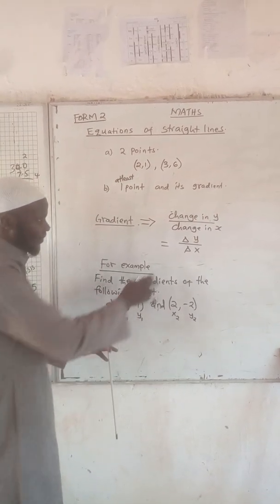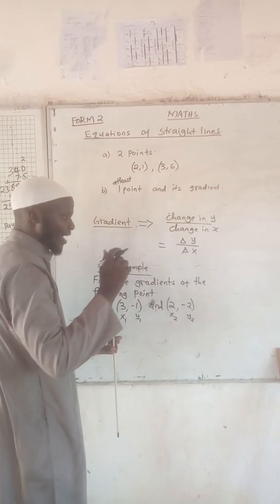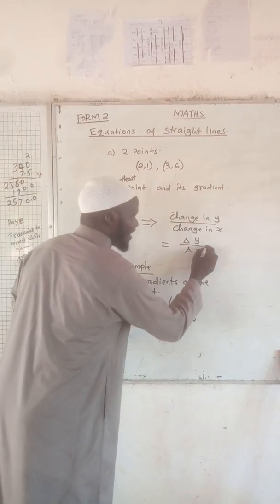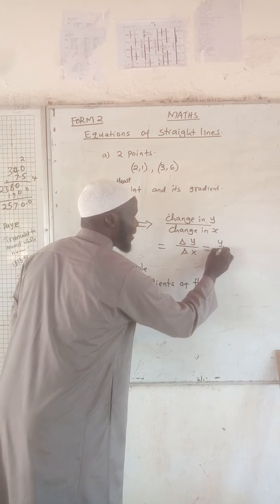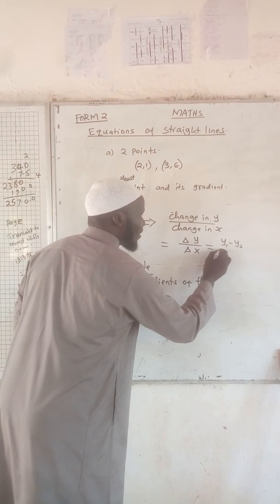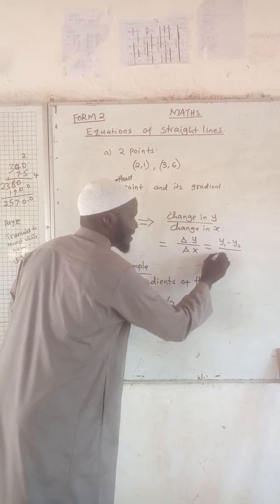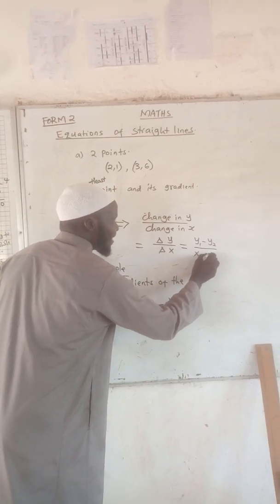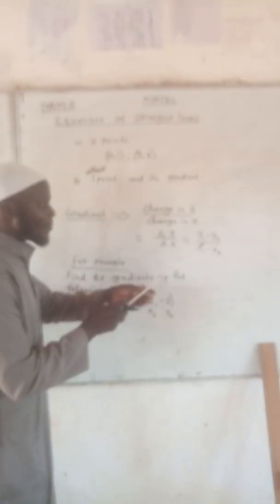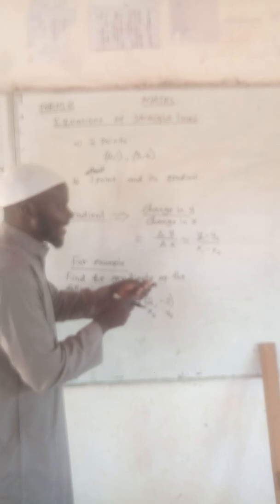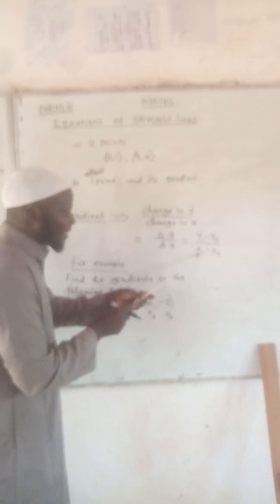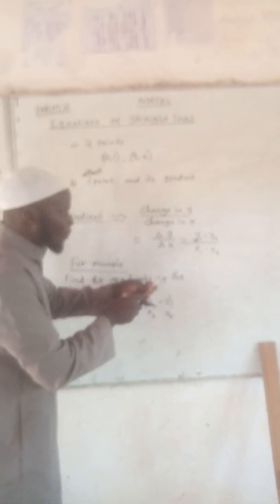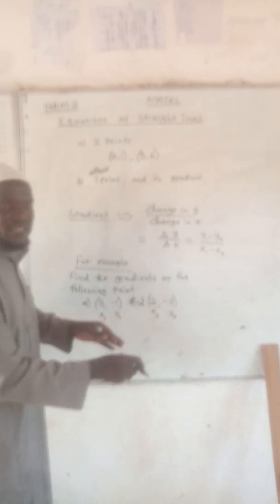Now, the change in y over change in x that we are talking about here, you can say y1 minus y2 over x1 minus x2. The order must be the same. Don't say y1 minus y2 and then on the lower side x2 minus x1. No. If it is y1 minus y2, the lower side also is x1 minus x2.